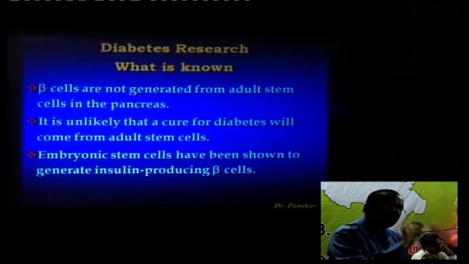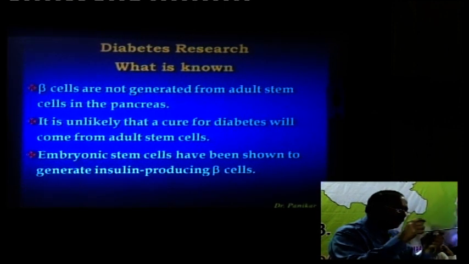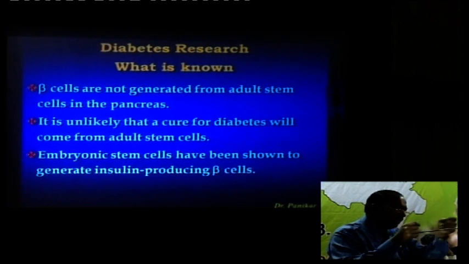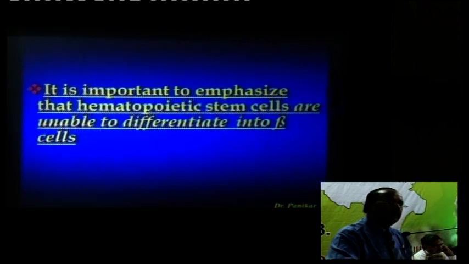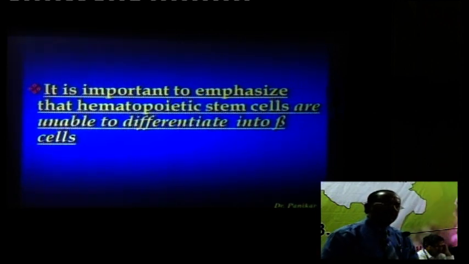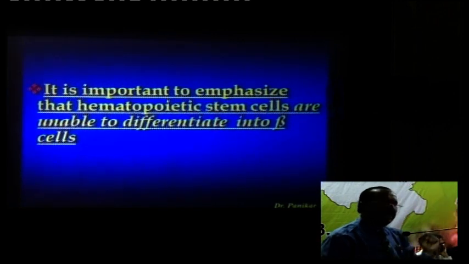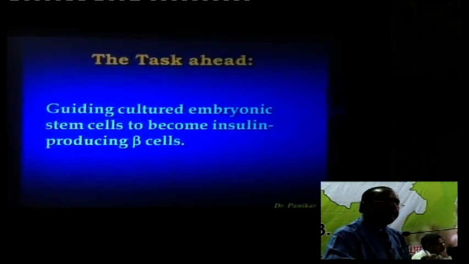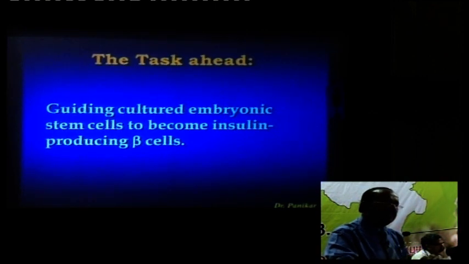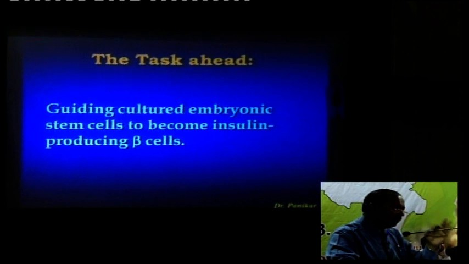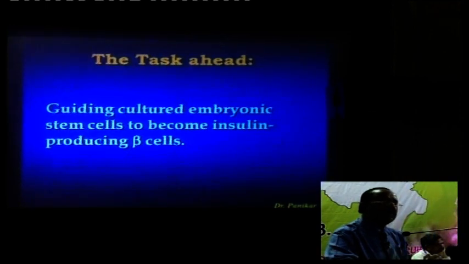So they have been able to form beta cells, but till today they are not able to get that glucose sensor into them. It is important to emphasize that hemopoietic stem cells would be unable to differentiate into any beta cell. So the task ahead today is guiding cultured embryonic stem cells to become insulin producing beta cells with a glucose sensor.